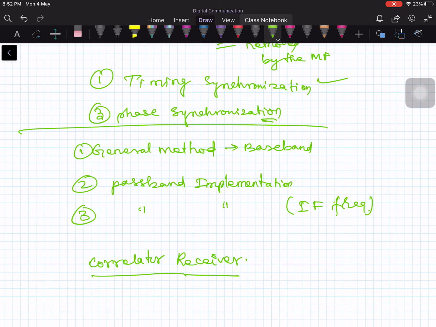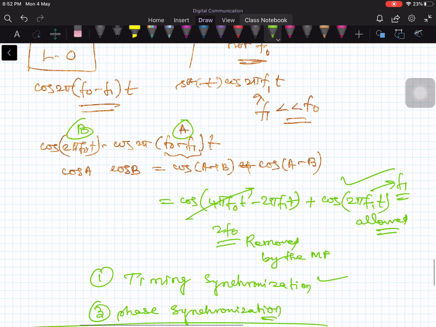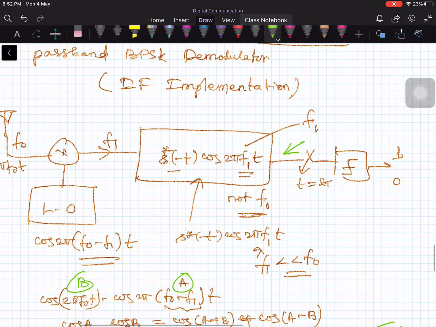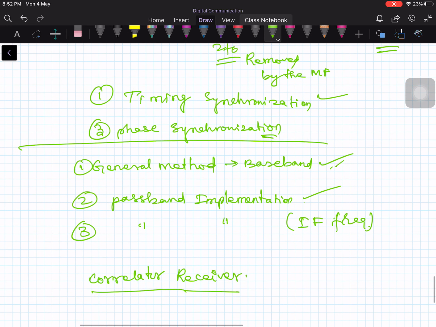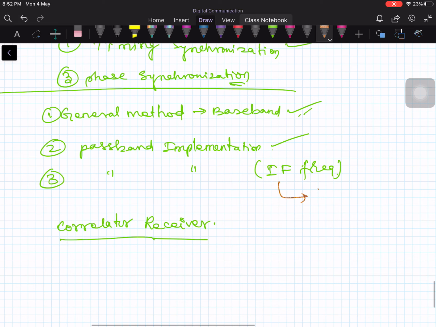So till now we have seen the baseband method to demodulate BPSK or antipodal signals that I discussed in the previous lecture. And in this lecture I have discussed the passband implementation and also this IF frequency method. In IF implementation, you down translate the incoming frequency f0 to the frequency f1.